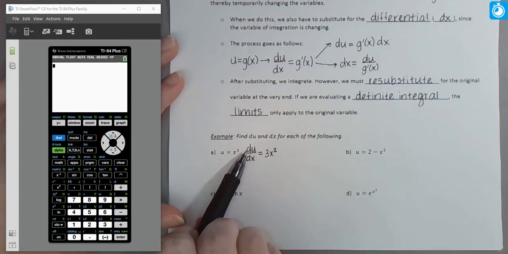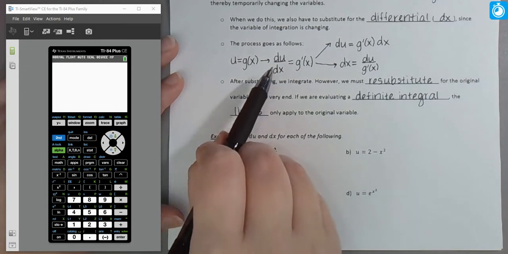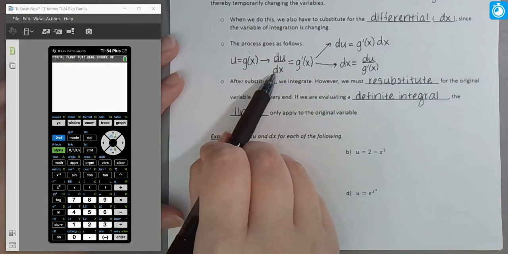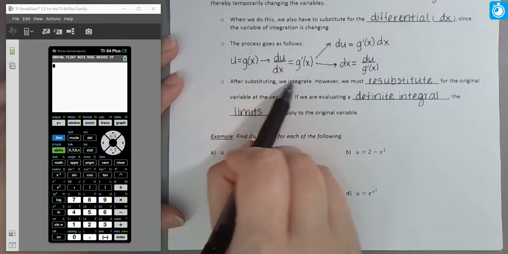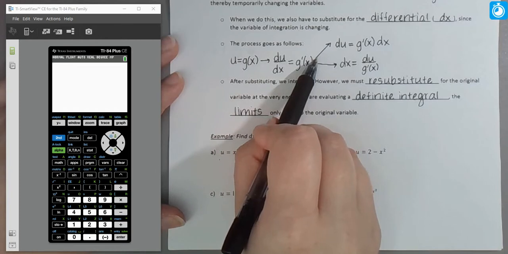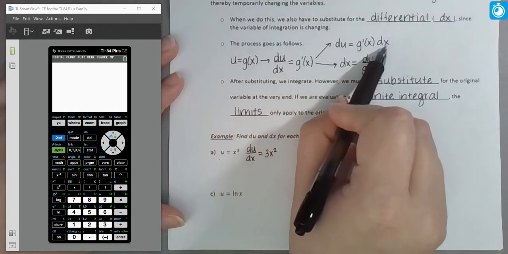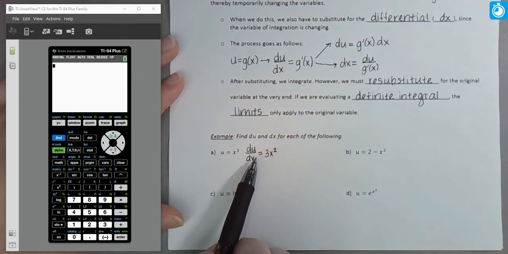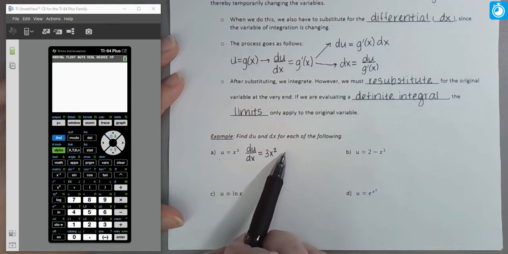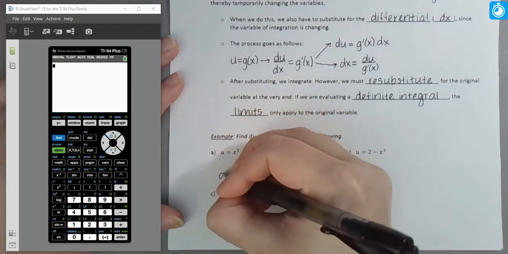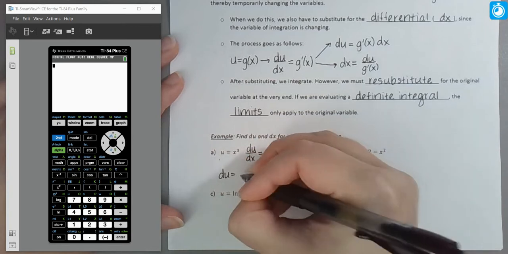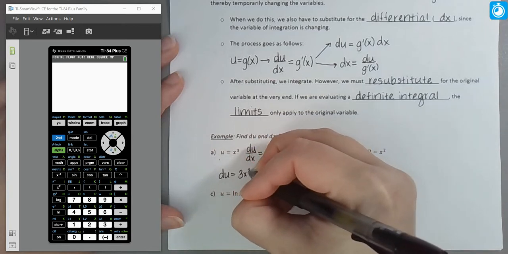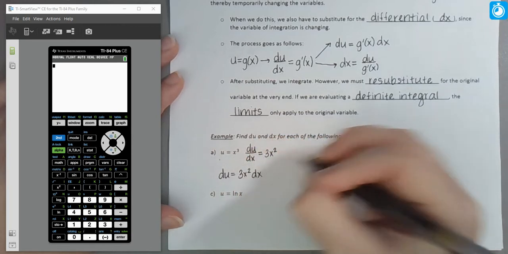So du will be quickest to solve for. Again, all we need to do, exactly what we did up here in general, is we moved the denominator over, multiplied both sides by dx, and that gives us our expression for du. So if we were to multiply by dx, move it over, we then have du is equal to 3x squared dx.